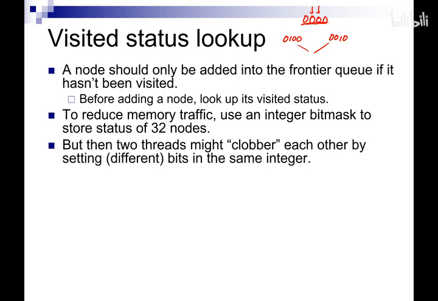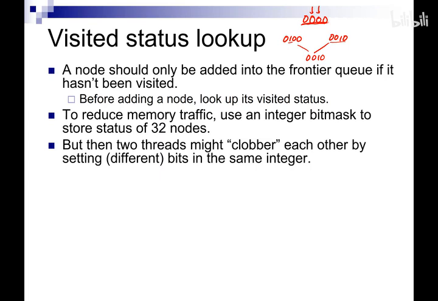And it just depends on whose write happens last. For example, if the write of the one on the right happened last, then the final bit flag array is going to end up as this. Basically that means that the visited status for node 2 didn't change. It got overwritten.